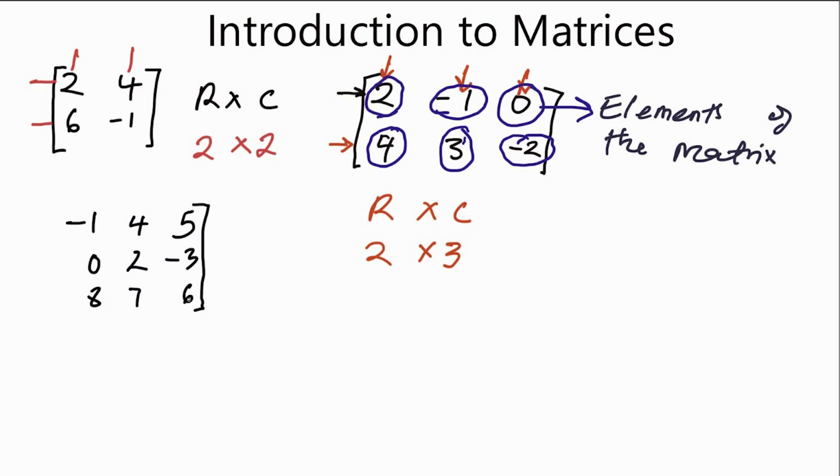Now, when we look at this one, it becomes a 3 by 3 matrix because it has number 1 row, number 2 row, and number 3 row, and also number 1 column, number 2 column, and number 3 column. So when we talk of it in terms of rows times the columns, it becomes a 3 by 3 matrix.